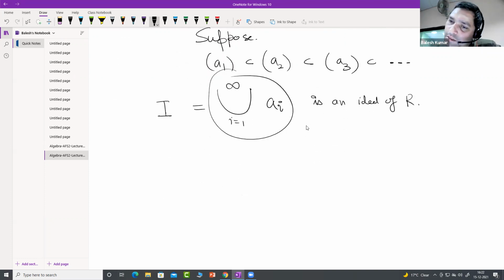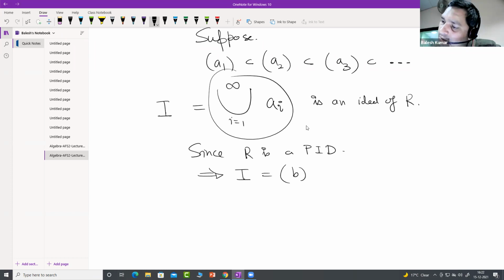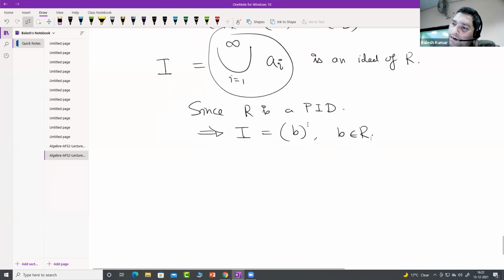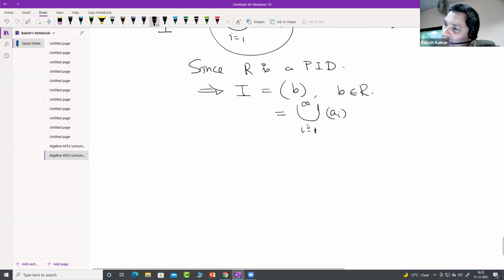Since R is a PID, I is generated by a single element, let's say b, where b belongs to the integral domain R. Now, since I is exactly equal to the union over i from 1 to infinity of Ai, b will lie in the union of the Ai. So b belongs to the ideal generated by An for some n.